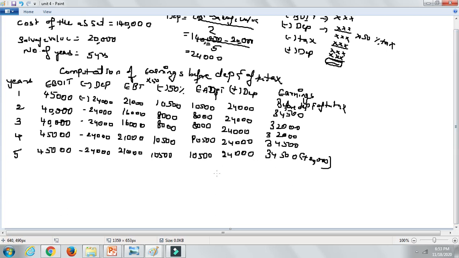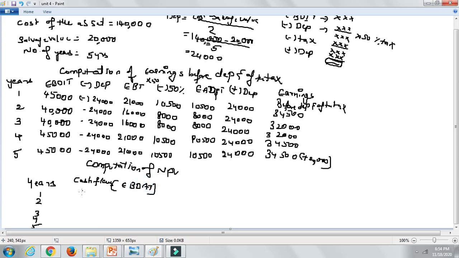So here what we have done, now we need to compute the NPV. He is asking, we have calculated the cash flows now, right? Computation of NPV, years 1 2 3 4 5, your cash flows, what we got, EBDAT, that is nothing but earning before depreciation and after tax.